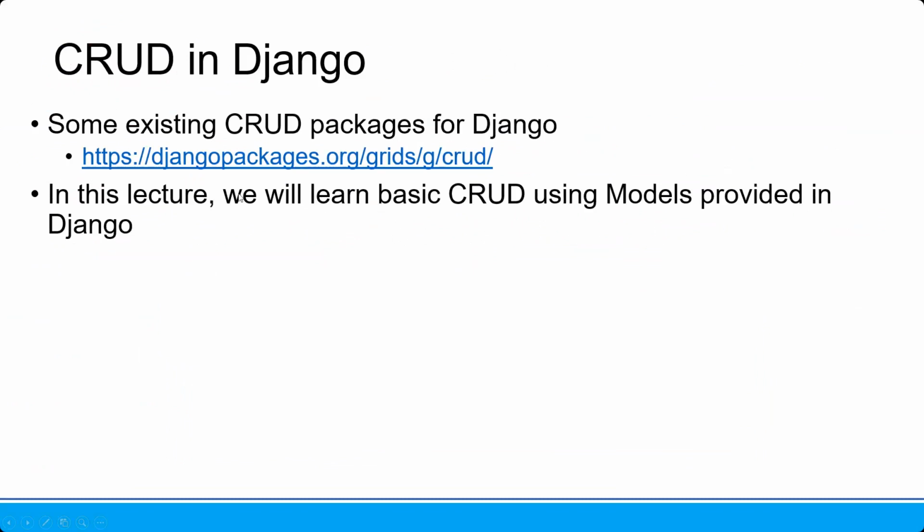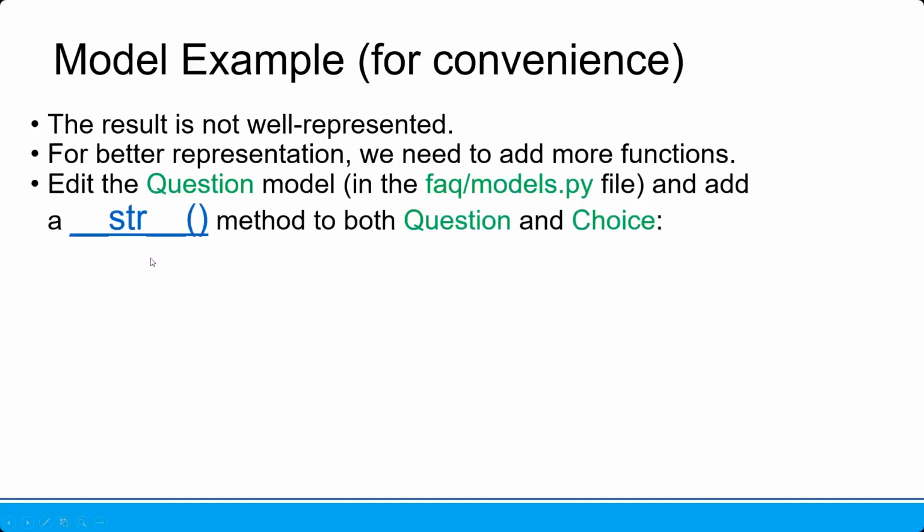If you want to learn more packages about CRUD, you can go to this Django package. I will just use the basic CRUD using the models provided in Django. For our convenience, the result is not well represented.